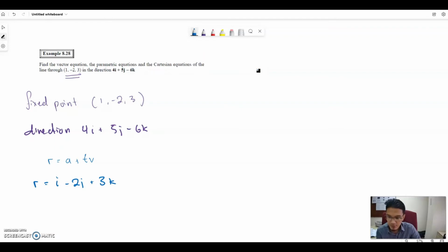R we keep as r. Plus t is the unknown scalar, and then v is the direction vector, 4i plus 5j minus 6k. So this is the vector equation.